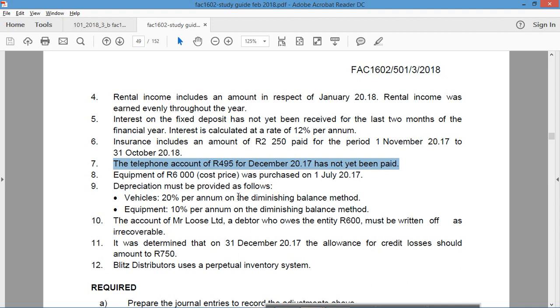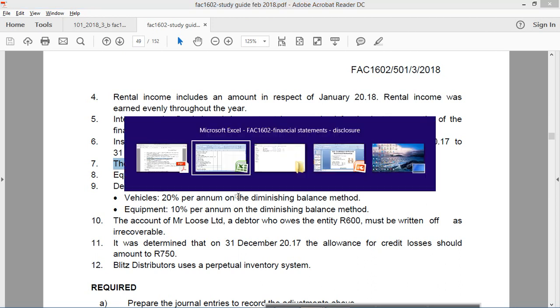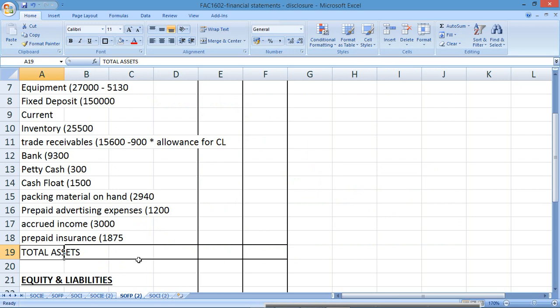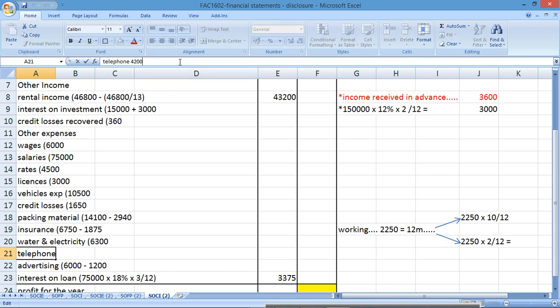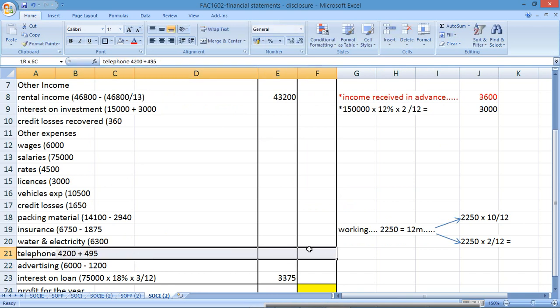495. See, as long as you understand what happened, it's just determining what actually happened and then adjusting for it. So let's fix and adjust. Let's go fix it here first. Where's telephone? At the bottom. There. Too little, too high? Too little. Add how much? 495. What is that? It's an accrual.